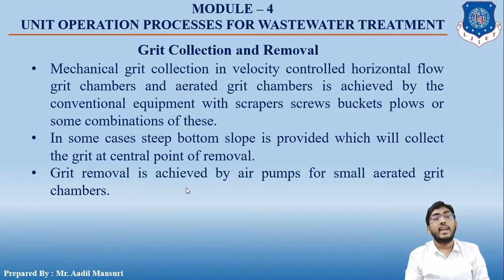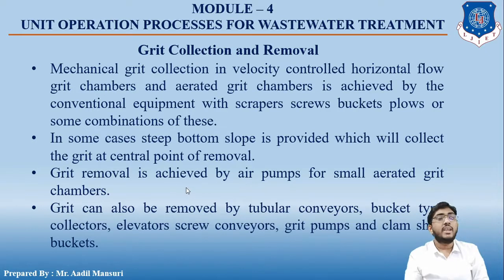Then grit removal is also achieved by air pumps for small aerated grit chambers. Okay, and grit can also be removed by tubular conveyors, bucket type collectors, elevators, screw conveyors, grit pumps, and clamshell buckets. Okay, so these are the different equipments by which grit is removed.